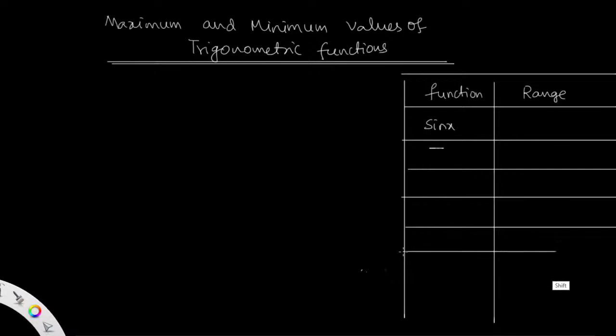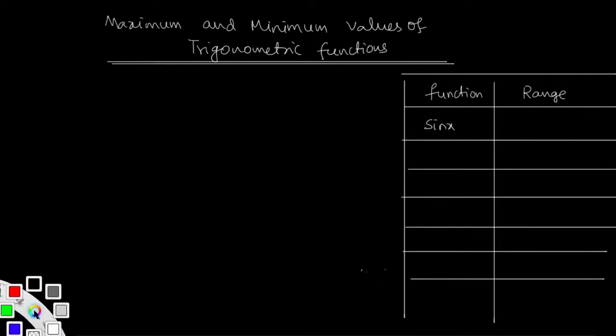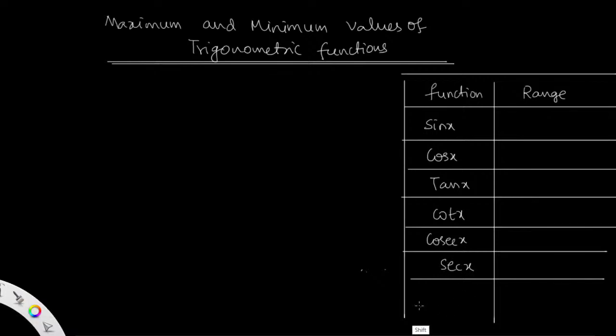Cos x, tan x. By using the graph, you already observed the range of the values in the previous class. If you don't know, please watch that video. Sin x, cos x, tan x, and then cot x, cosecant x, secant x, and simultaneously the general concept of sin square x and cos square x.